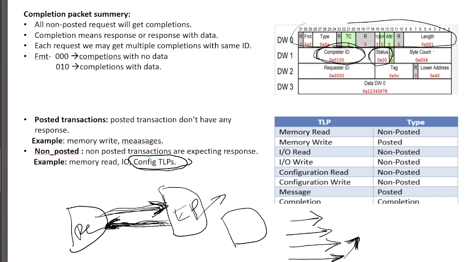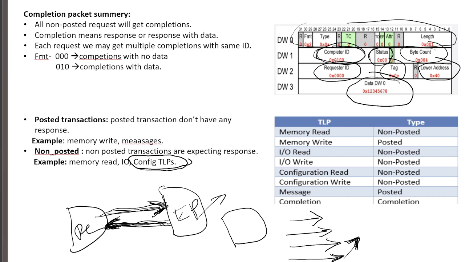Byte count: how many bytes, what byte count is present. The request ID you send from the request, and the tag you send from the request RC. What is the address, what is the data. Everything you read from this, we call completion packets.